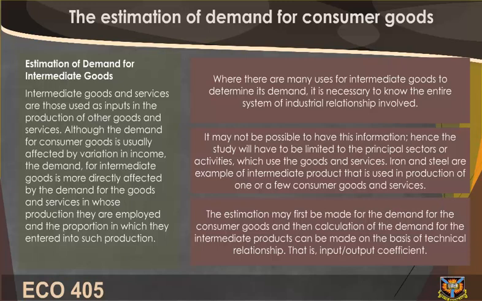Iron and steel are examples of intermediate product that is used in production of one or a few consumer goods and services. The estimation may first be made for the demand for the consumer goods, and then calculation of the demand for the intermediate products can be made on the basis of technical relationship, that is, input-output coefficient.